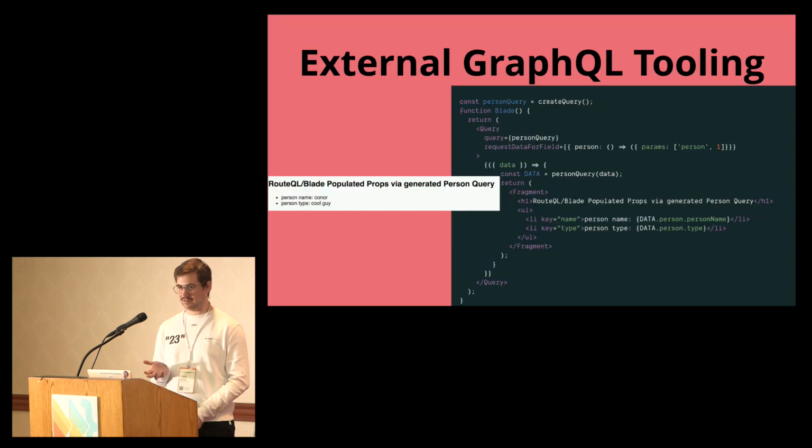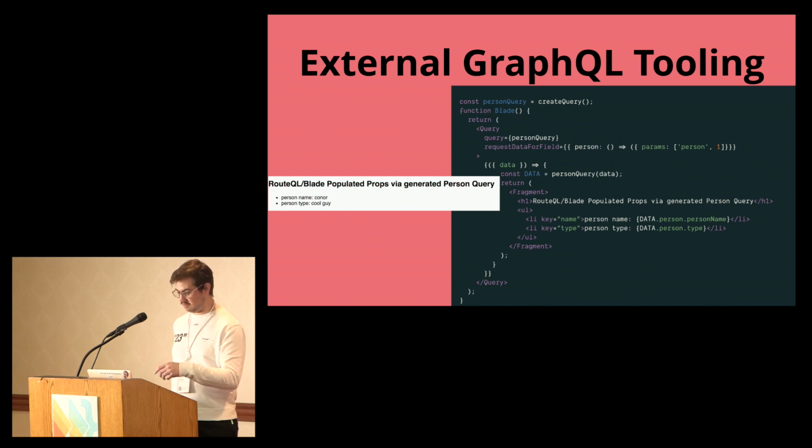Here you would import the Babel Blade plugin macro, or just the plugin, and you see it has person query, which then you call this function create query, which comes from Babel Blade, which will use the Babel plugin. Then I say const data equals person query data, where data is the return from the child function from RouteQL, and then I call data.person.person_name, data.person.type, and that data just comes to me.